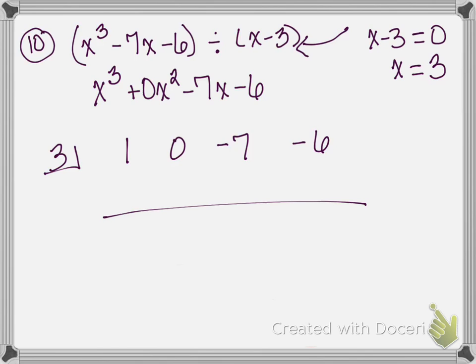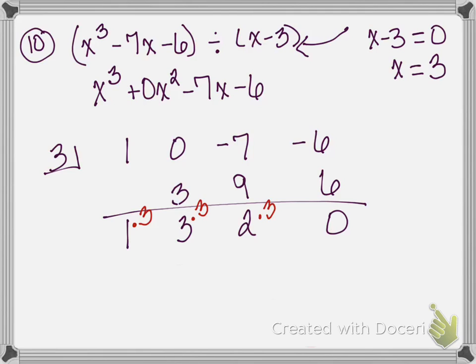My first step is I bring 1 straight down. Then I multiply this 1 times what I have in my box. 1 times 3 is 3. I combine these and get 3. I multiply this 3 times 3 because that's what I've got in my box. 3 times 3 is 9. I combine those, get 2. 2 times 3 is 6.